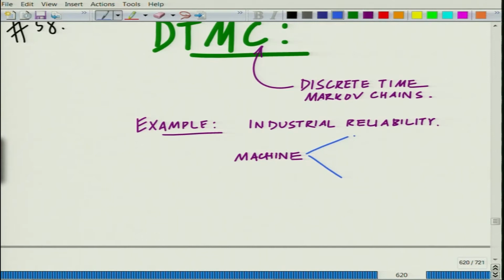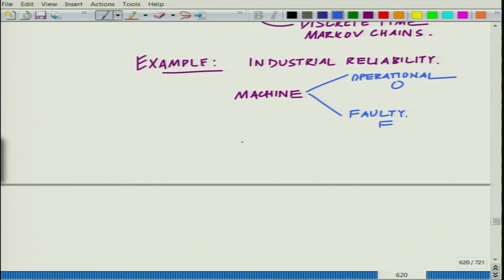It can either be operational, which I will call the state O, or it can be faulty, which I will call the state F. And the various transition probabilities are: the transition from operational to operational, that is it continues to remain operational, is 0.95.